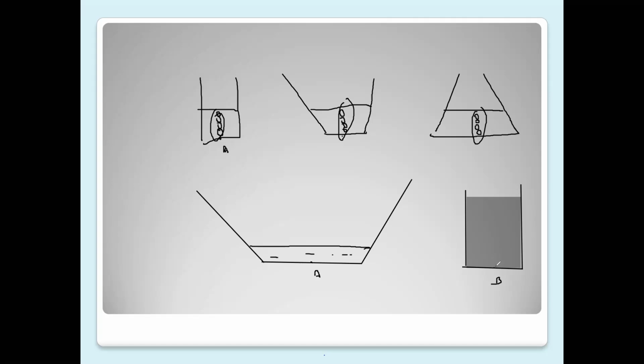Because you can see here, B will have a greater number of particles above, and A will have a smaller number of particles above. So it shows that the pressure exerted by the liquid depends on the depth of the liquid present in the container rather than the shape or the size of the container.